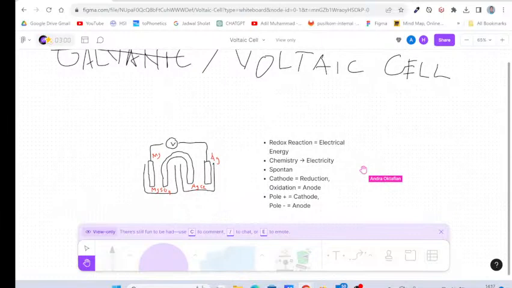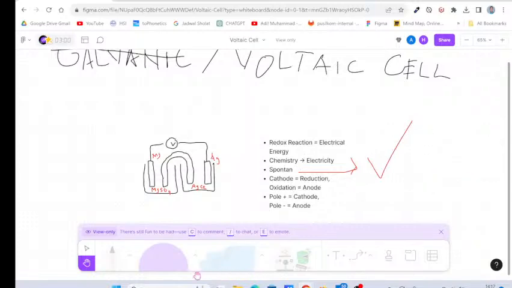And when you say that you produce electricity from chemical reactions, the cell is actually spontaneous. Spontaneous, yeah. All right. Remember this.